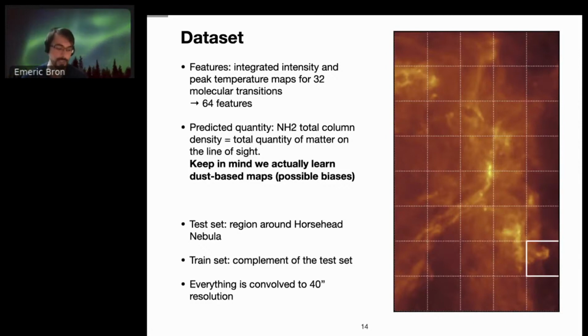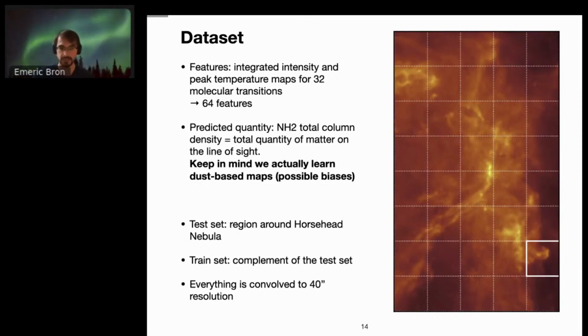So for this, we use total quantity of matter derived from dust emission observed with Herschel and Planck. So we have to keep in mind that we are learning dust-based maps. So if there are biases in the way the total column density of matter is derived from dust emission, we will learn those biases, but this is the best we can do so far.